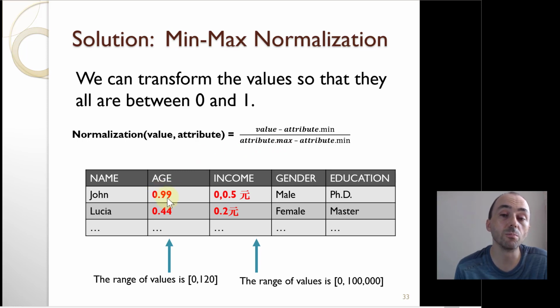The result would be 0.99. And here you have the same for the income. You can do the calculation. It will give you this result. Okay, so now all the numerical values are between 0 and 1. So maybe it will be more fair when we calculate the distance.